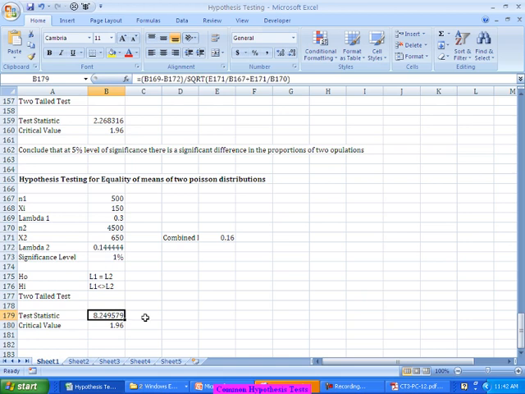The test statistic is 8.24, which is way outside the plus or minus 1.96 range, so I will be rejecting the null hypothesis and conclude that there is a significant difference in the mean value of both the proportions of both the data.